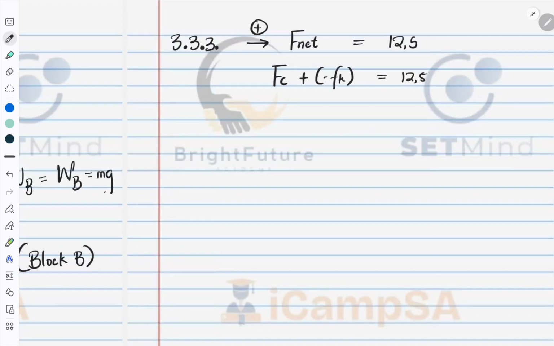That's why it's negative. This means Fc is simply 12.5 plus Fk, because we will transpose this.